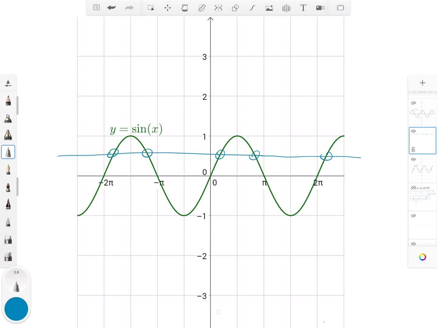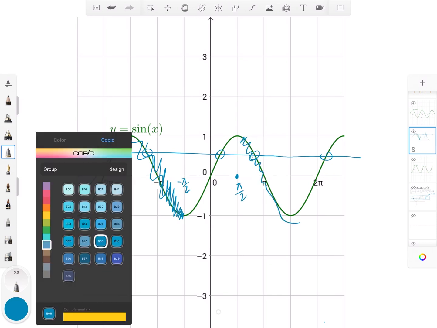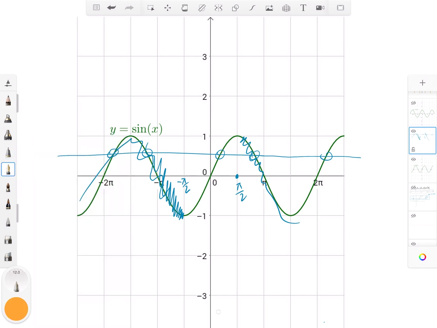But if we cut part of the graph, if we cut from negative pi half, we just remove it. Also from pi half, we remove it. Only this part of the graph of sine has an inverse, because the horizontal line crosses at 1 point.